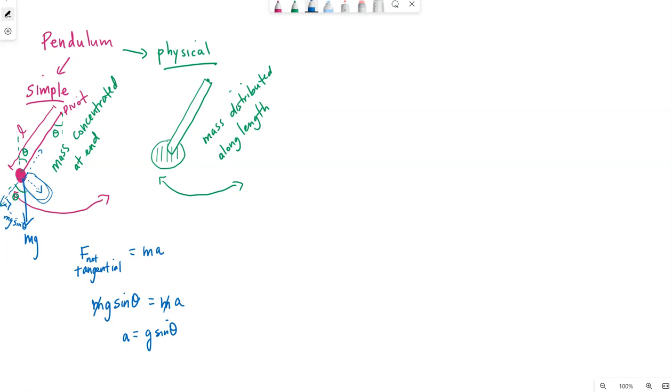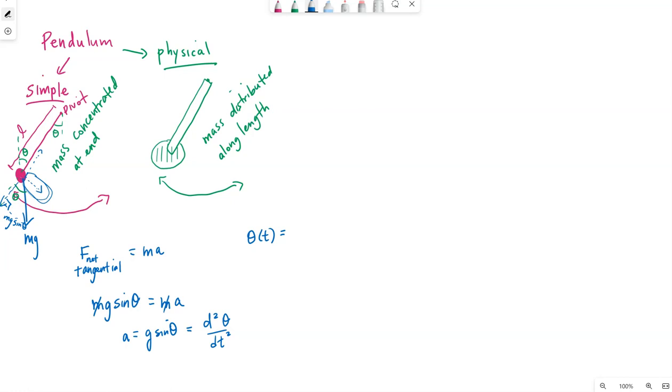So it turns out, since a is the second derivative of some sort of position, essentially the angle with respect to time, we get a differential equation again where theta, the angle that the pendulum makes with vertical, is changing with time.